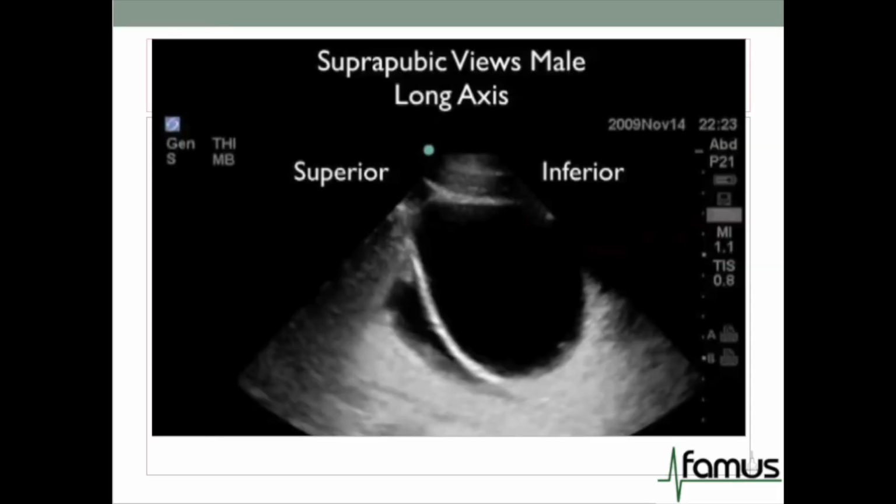This is an image of a similar projection, but in a male subject, where the fluid is collecting behind the bladder and in front of the rectum.